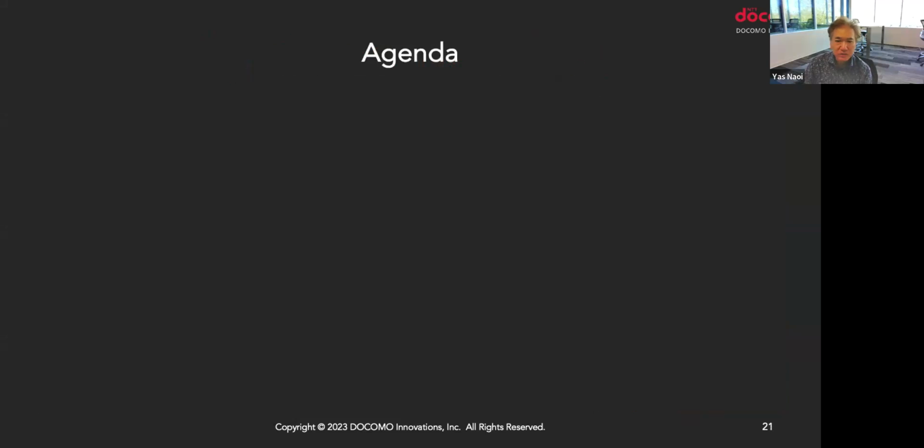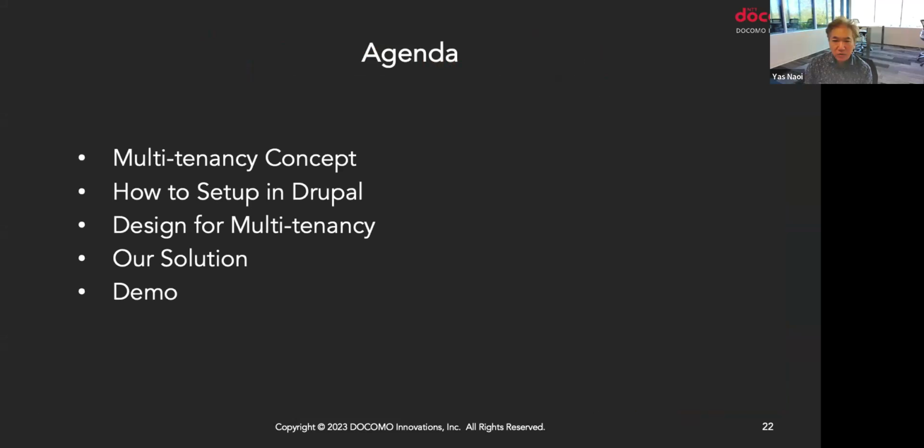So this is today's agenda. We will first discuss the multi-tenancy concept. Then I'll share information on how to set up multi-tenancy in Drupal. We will then look at an example of design of multi-tenancy, especially focusing on how to design the SaaS, which is software as a service architecture.